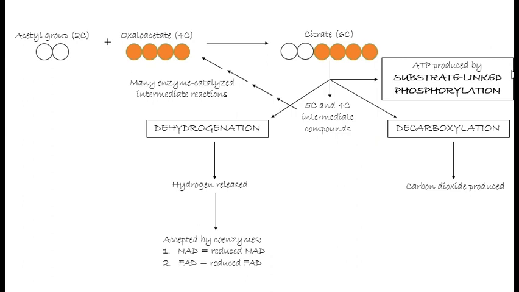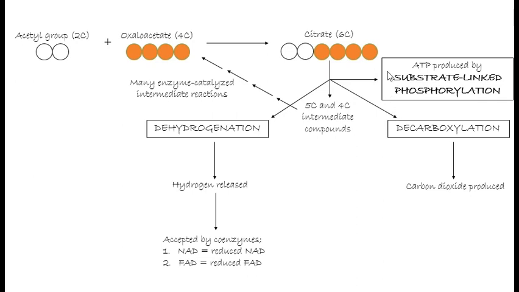Now, in the Krebs cycle, ATP is produced by a process called substrate-linked phosphorylation. Now, you should be familiar with the term substrate-linked phosphorylation because I have explained its meaning in detail in my video on glycolysis, so please check that out for more information.